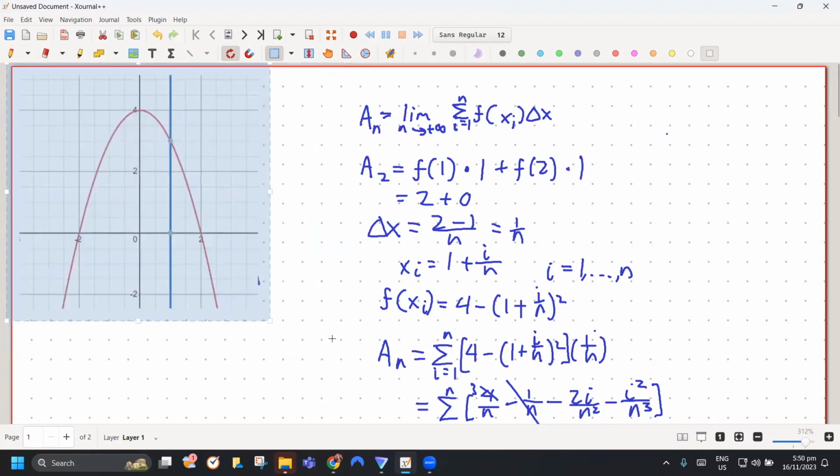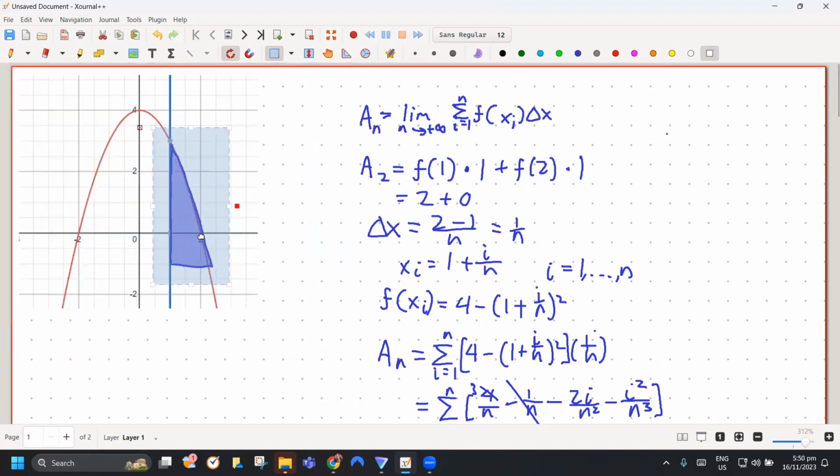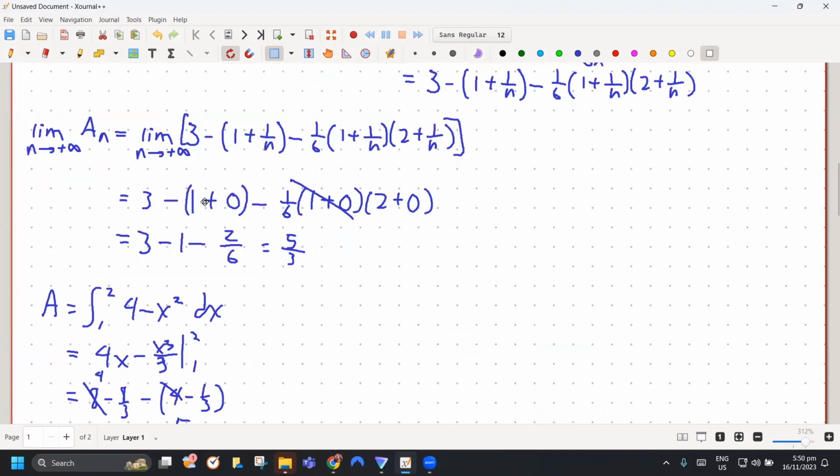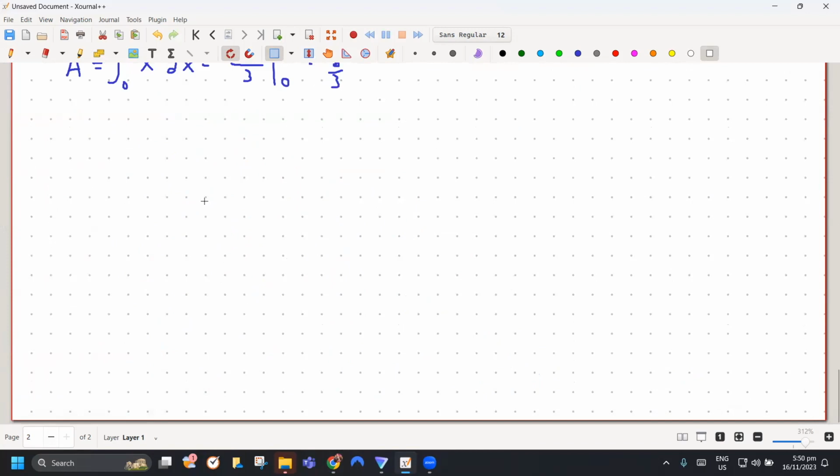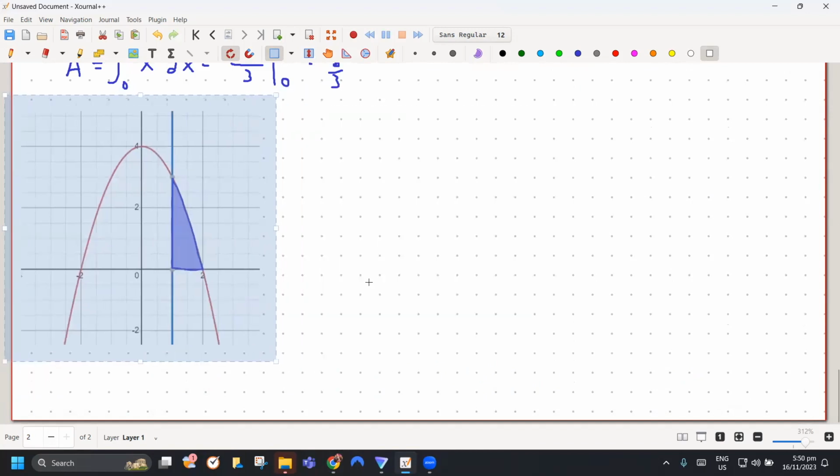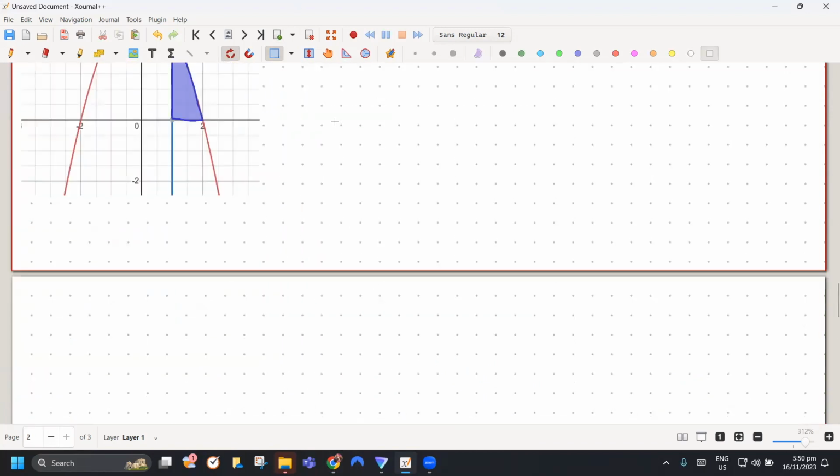Pinabalitan ko lang ng konti. Ulit. Para copy paste ko. Copy. Paste. New page.